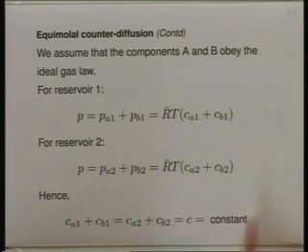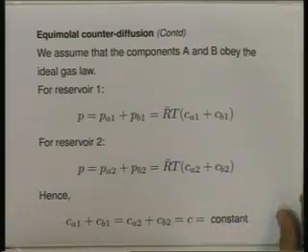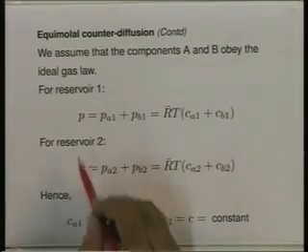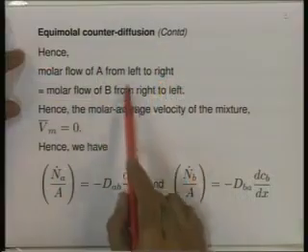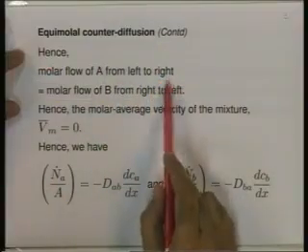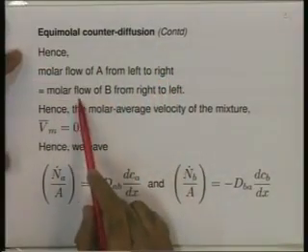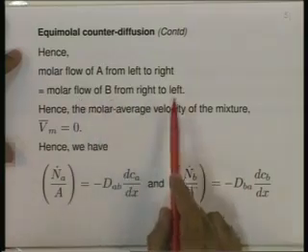The number of moles and molar density in reservoir 1 must equal that in reservoir 2 at any time during the process, because the pressure remains constant, as we have assumed the reservoirs to be large enough. This implies that the molar flow rate of A from left to right must equal the molar flow rate of B from right to left.